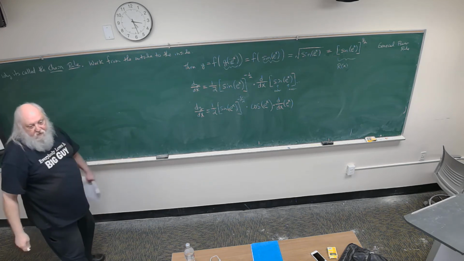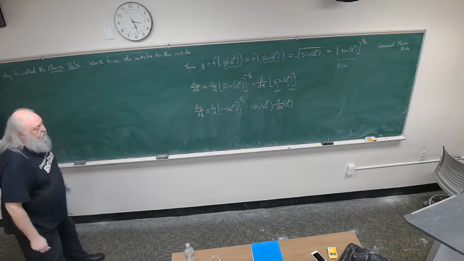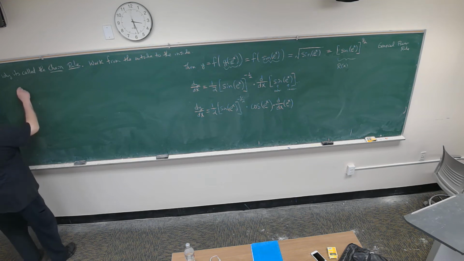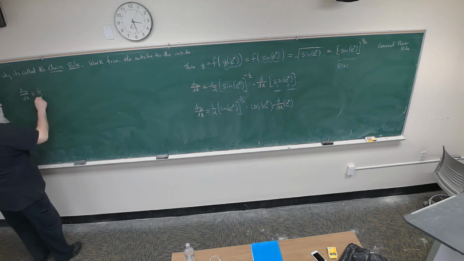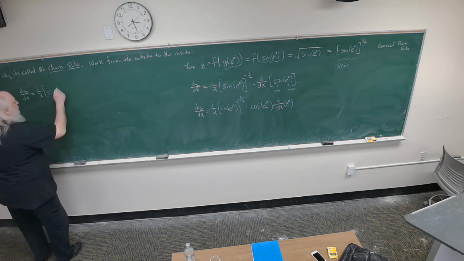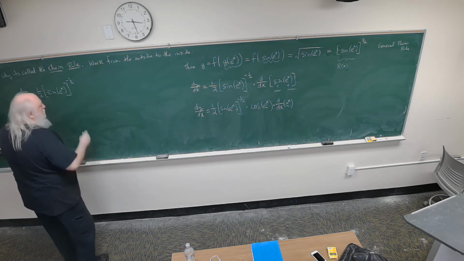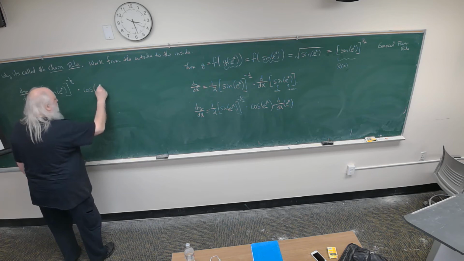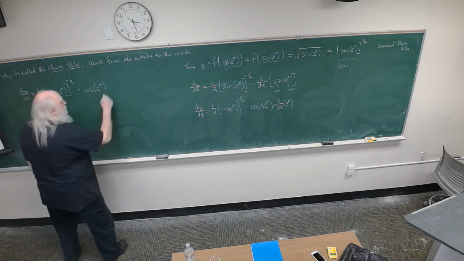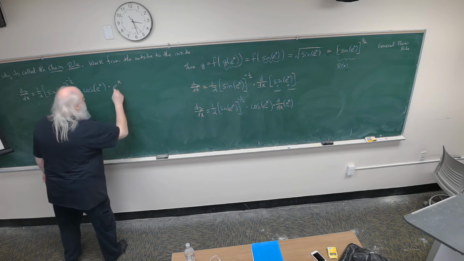Well, we know what the derivative of e to the x with respect to x is, right? So the derivative of y with respect to x is equal to 1/2 times the sine of e to the x to the minus 1/2 times the cosine of e to the x times e to the x.